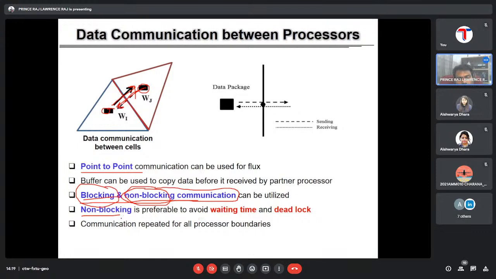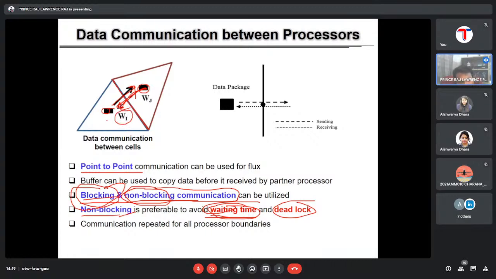So what we do is use non-blocking, and a wait time will be given. Actually, non-blocking is provided to avoid the waiting time. For example, with blocking, until the next processor reads, this processor is blocked and cannot do anything. So waiting time will increase and deadlock will happen. What is deadlock? Consider this processor has sent something, and it is waiting to get a response from W1.